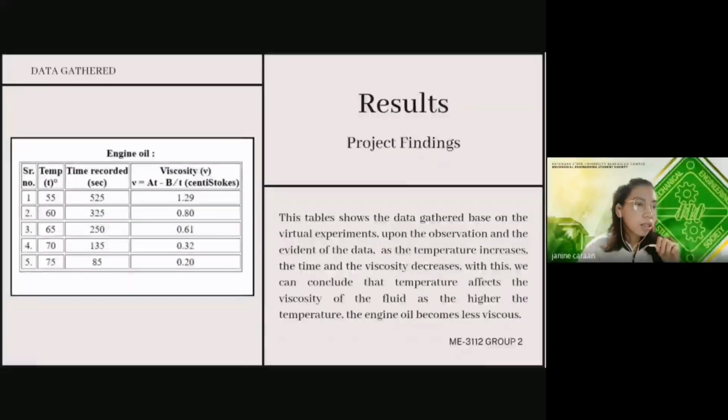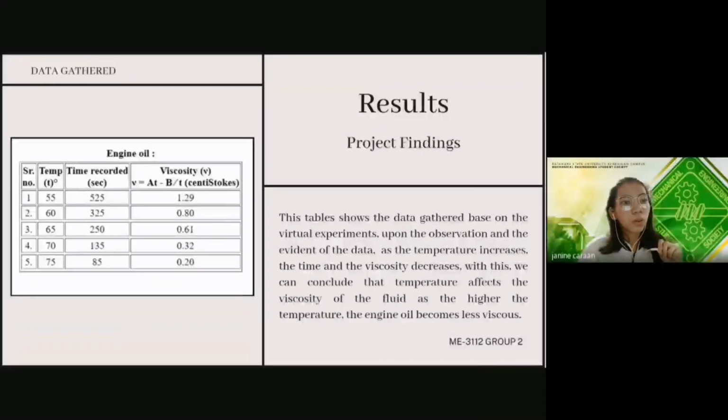At 65 degrees, we have 250 seconds and 0.61 centistokes. At 70 degrees, we have 135 seconds and 0.32 centistokes. And lastly, at 75 degrees, we have 85 seconds and 0.2 centistokes.